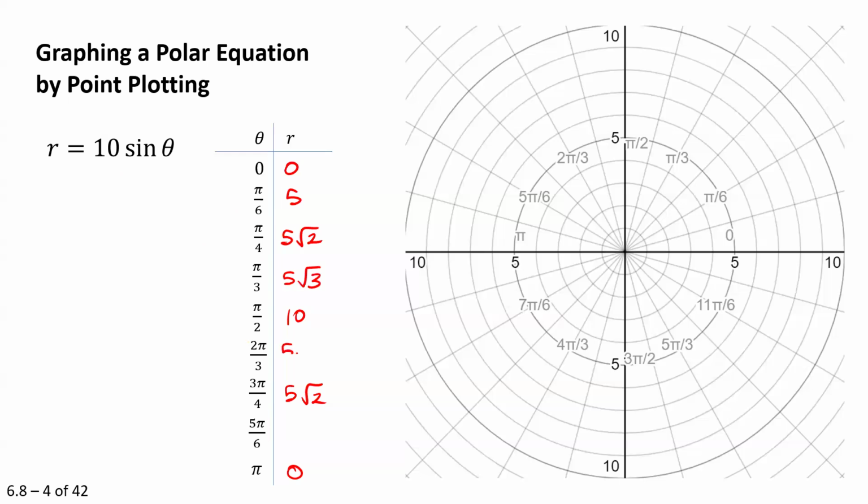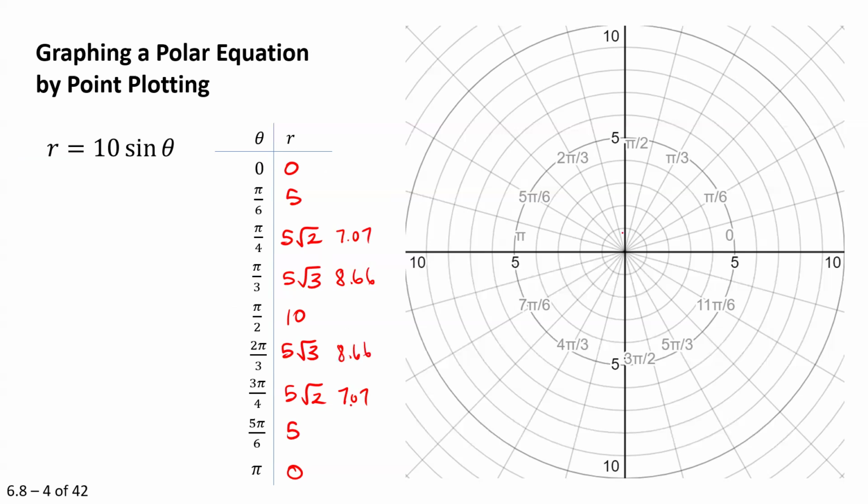And I'll get similar answers here and here. 5 times square root of 2, is that 7 point something? I'm going to need some actual numbers. 7.07. So I've got another one of those down here. How about 5 radical 3? 8.660. Yeah, that sounds right.